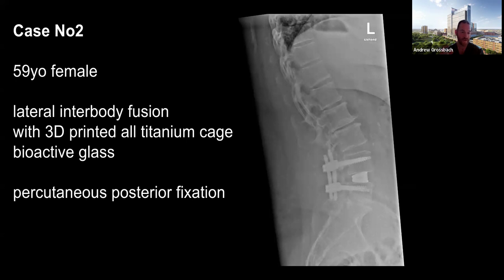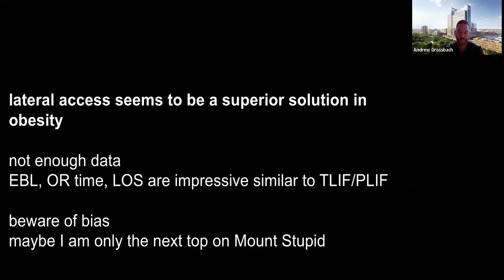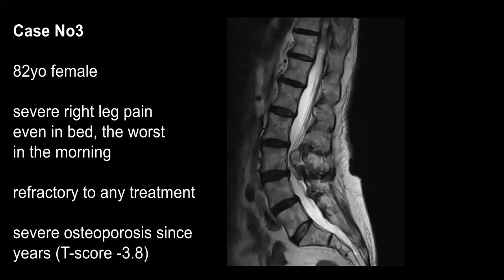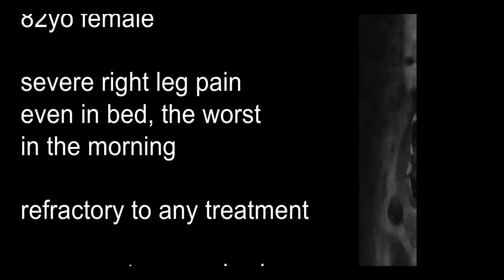Even though it's unstable there, it's very tall, and trying to sneak in a super tall TLIF cage is not always the easiest thing, especially in obese patients. So I think it's a great use for this surgery. It's really good. Thank you, Alex. It's a great solution.